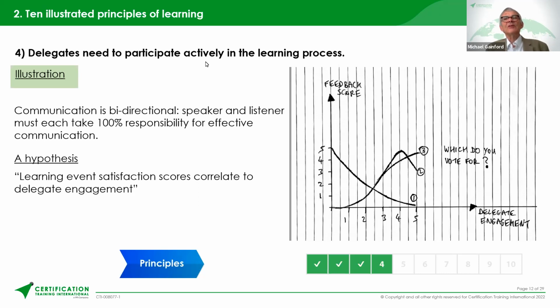Somehow that needs to be managed by an experienced facilitator. So it is possible, I think, that you could have too much engagement. And so this is an example of tailoring, where we need to get the right amount of delegate engagement for the optimum outcome.